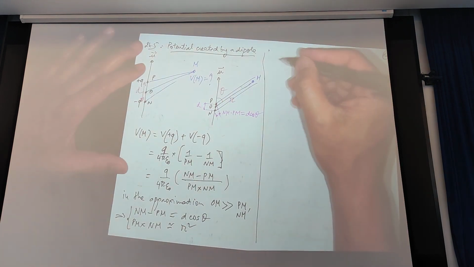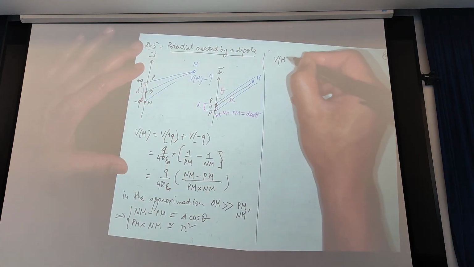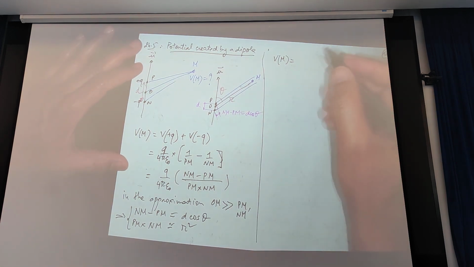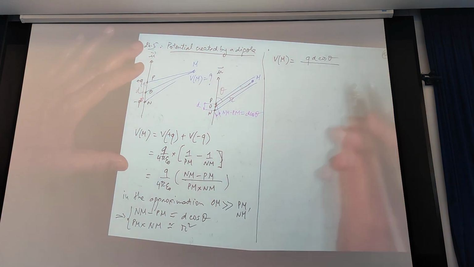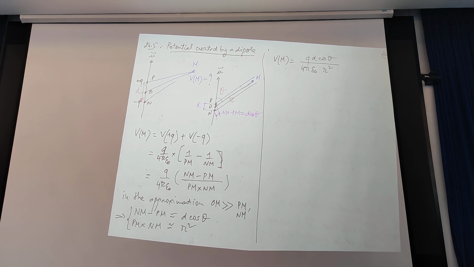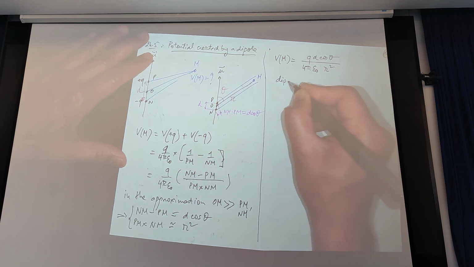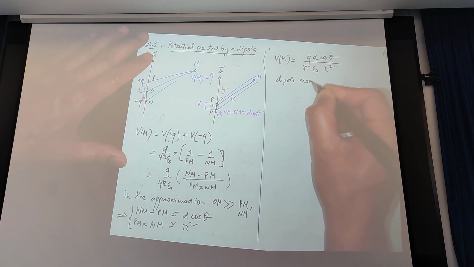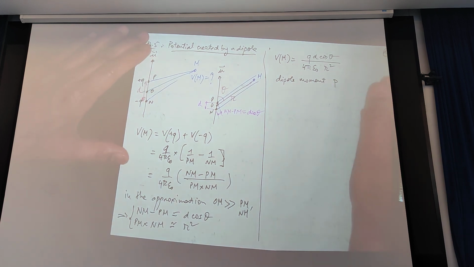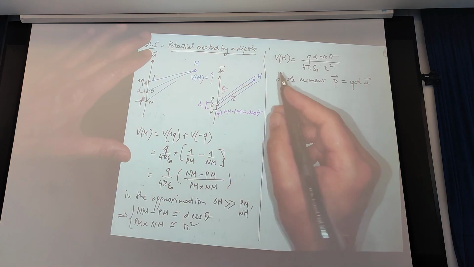At the end, the potential at the point M created by the dipole is equal to q d cos theta divided by 4 pi epsilon 0 R squared. But if we introduce the dipole moment, do you remember what the dipole moment p is? It is equal to q d times the unit vector u.